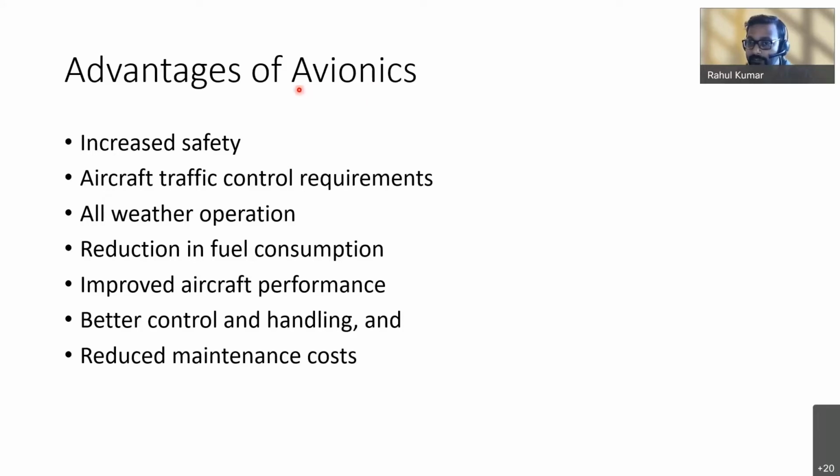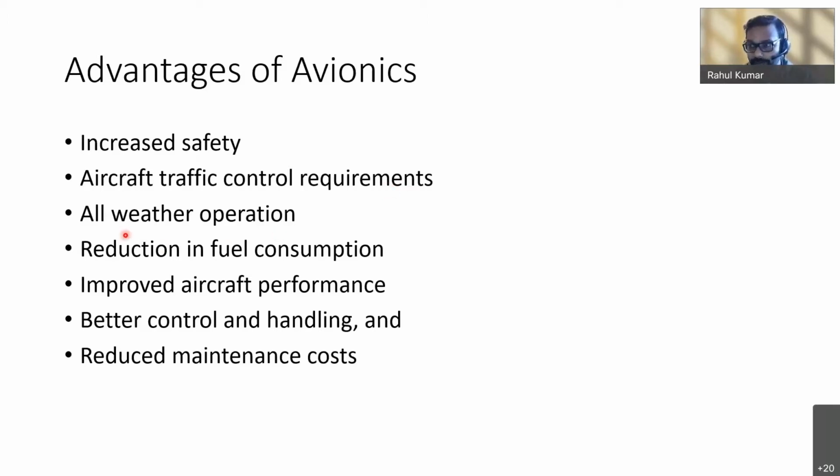With the use of avionics systems, obviously there is increased safety of the aircraft, right? There are fewer accidents. The second advantage is aircraft traffic control requirements. For ATC, now you can track and manage all the aircraft, right? So air traffic controllers can track and monitor the aircraft.